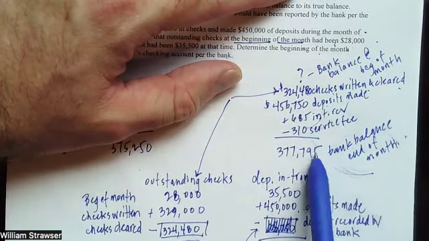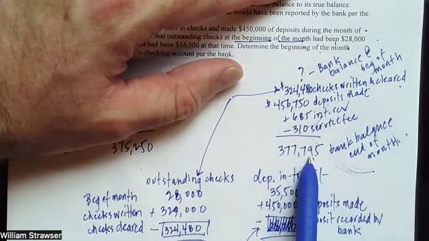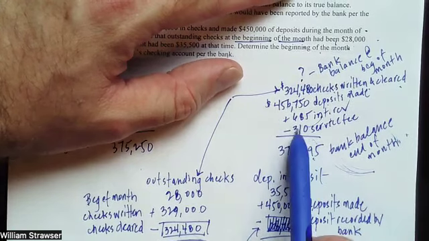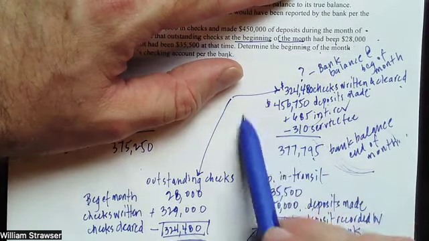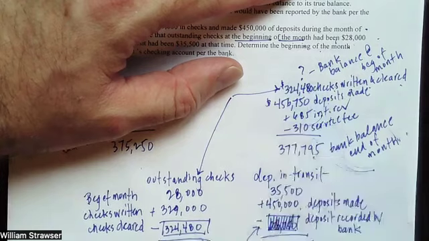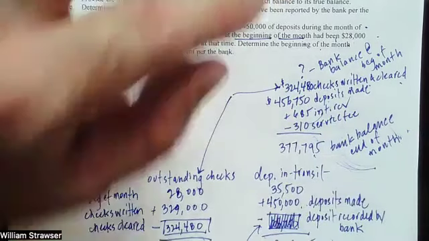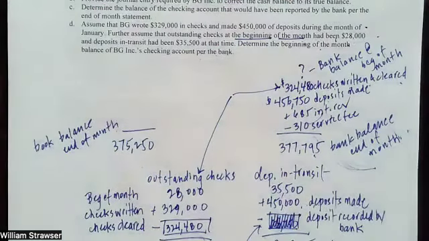I have the bank balance at the end of the month prior to reconciliation, and I can go ahead and just work backwards again, moving all these pieces over to solve for the bank balance at the beginning of the month. And so I'll go ahead and move those over and calculate what we got.